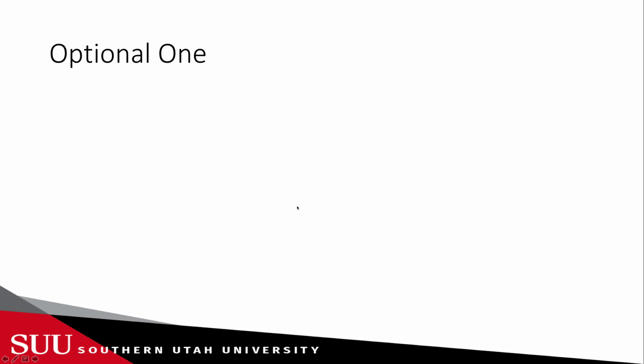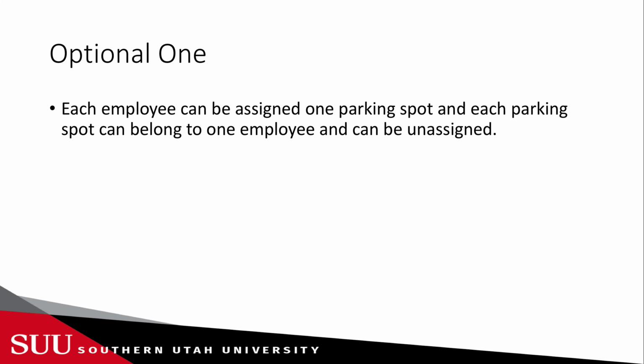Okay, let's look at another example. Each employee can be assigned one parking spot, and each parking spot can belong to one employee and can be unassigned. So when I say it can be assigned, the employee can be assigned only one parking spot, and each spot can belong to only one employee and can be unassigned.